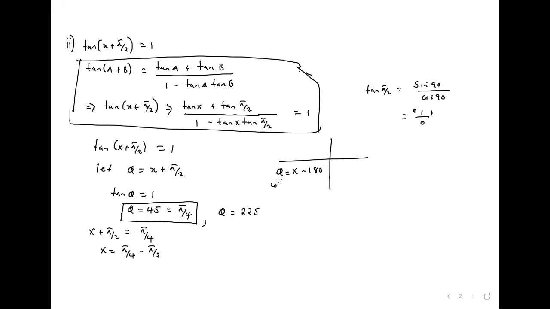So theta is 45, equal to x minus 180. So x is going to be 45 plus 180, which is 225. So 225 converted to radians, what does it become? The converter has to convert.